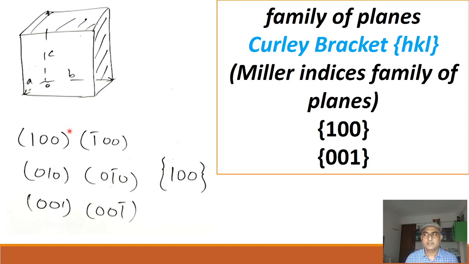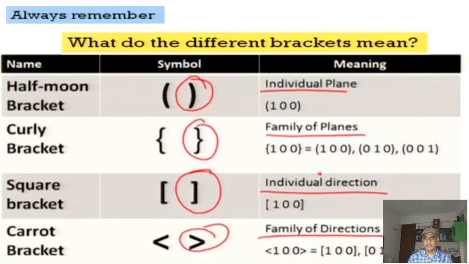All numbers which represent the same indices are represented by a curly bracket, written as curly bracket hkl, for example curly bracket 100, or similarly 001, with the same meaning. This is one example of a family, represented like this in curly brackets.